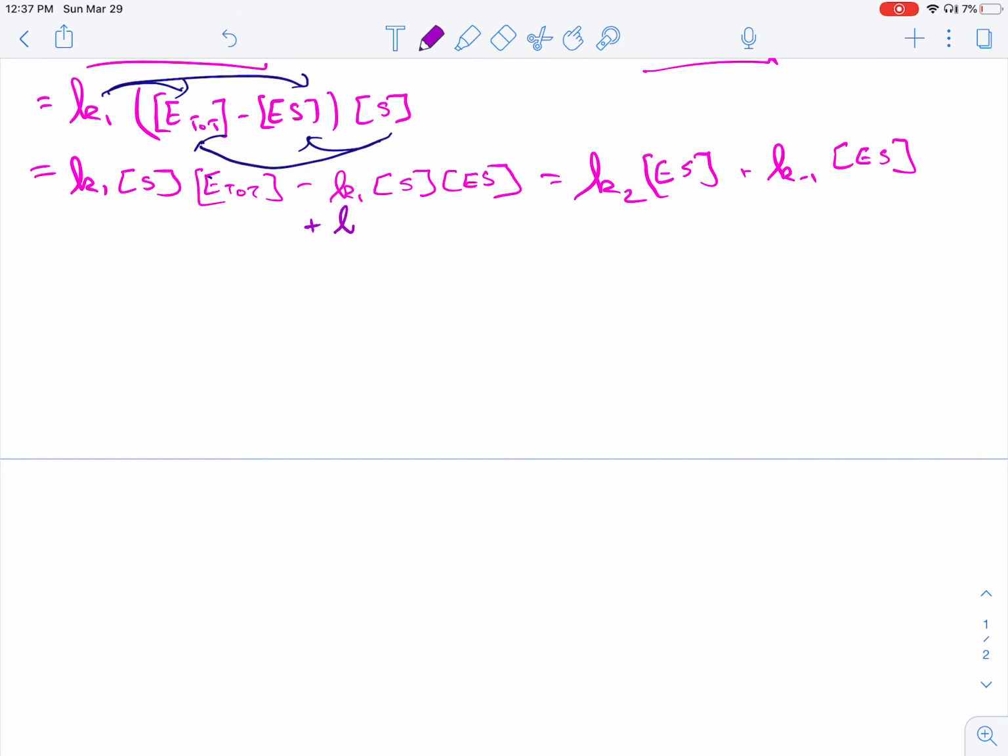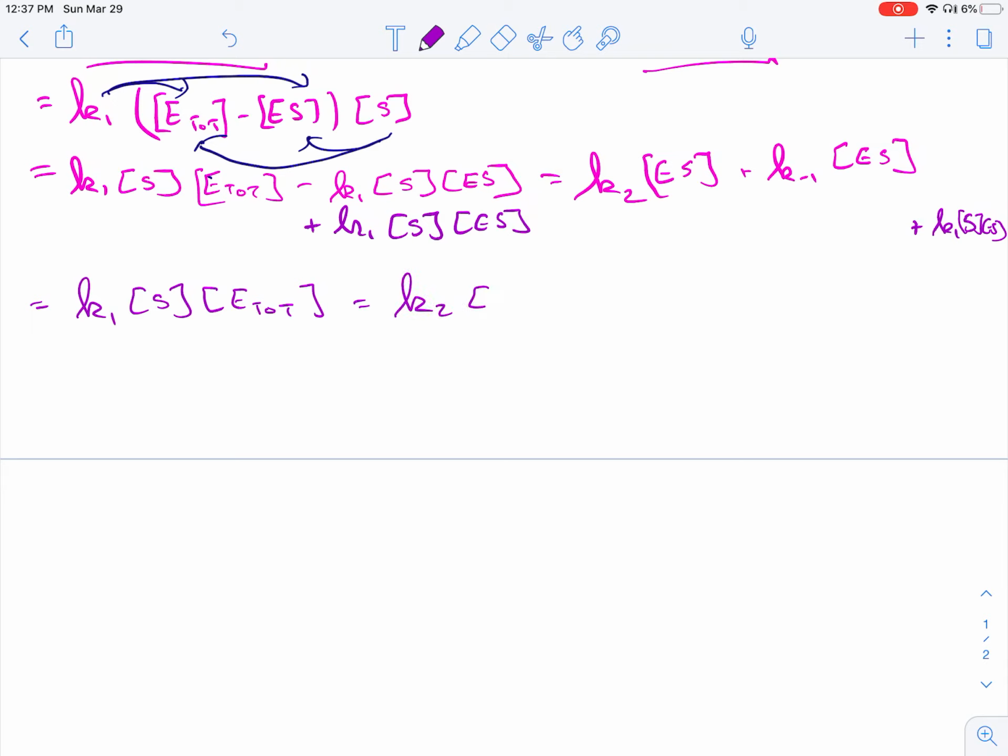So here, plus K1S ES plus K1S ES. And so this whole thing would be equal to K1S times E total, is equal to K2 ES plus K minus 1 ES plus K1S ES.